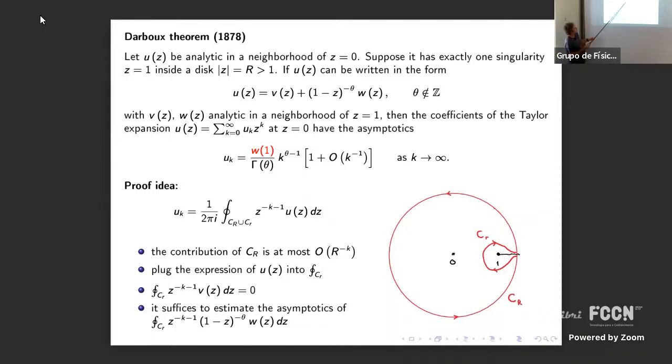Then the connection coefficient, so the value of this function at z equal to 1, appears in the large order asymptotics of the Taylor coefficients of u. Okay, so this is Darboux theorem. You can, by the way, use this very easily to compute the previous connection formula for the hypergeometric equation. So this is maybe the easiest way to compute the connection formula for the hypergeometric equation.